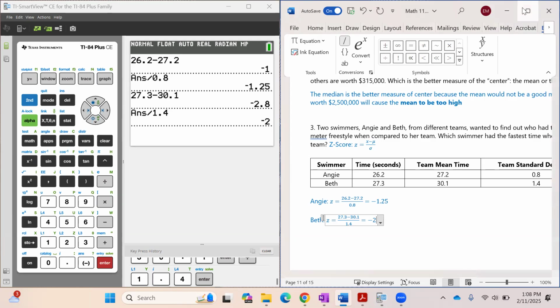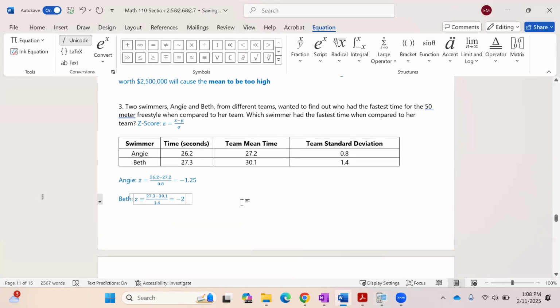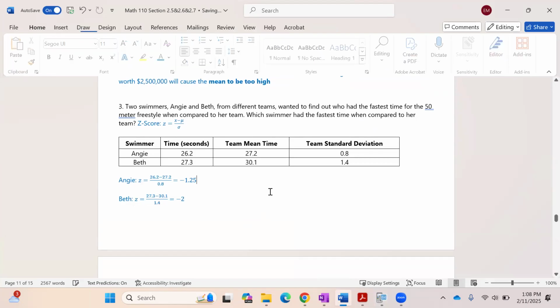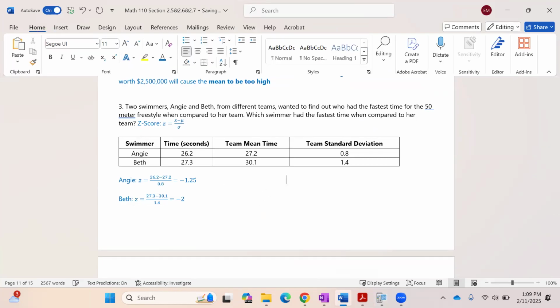And we want to see which z-score is higher. So essentially, negative 1.25 is bigger than negative 2. Negative 2 is just a bigger negative number.